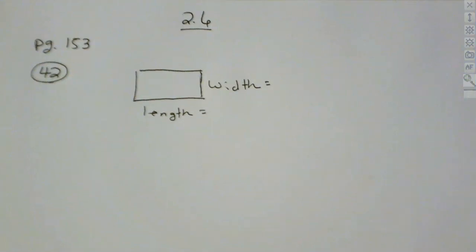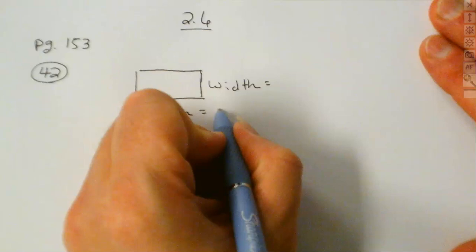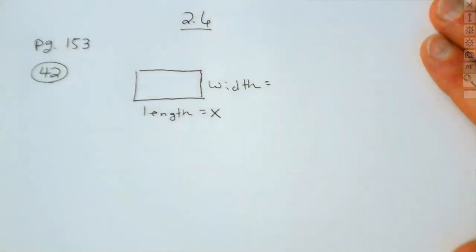The width of the rectangle is 3 feet less than the length. Now, we don't worry about the feet until the very end. That's going to be our units of measure. So the length we don't know, so that's going to be our unknown.